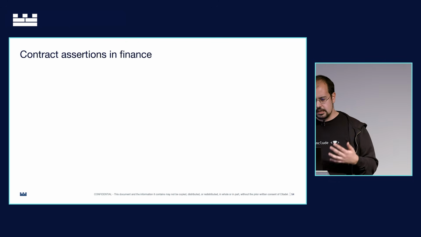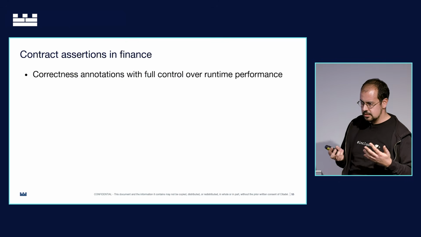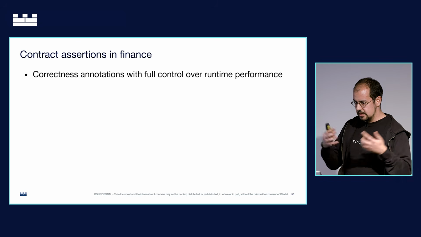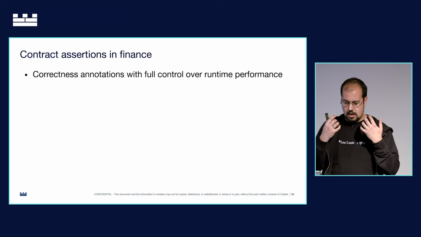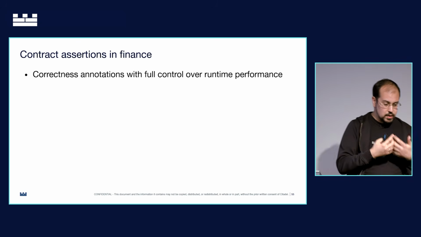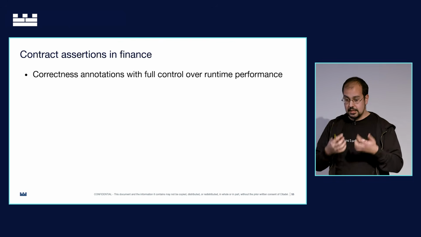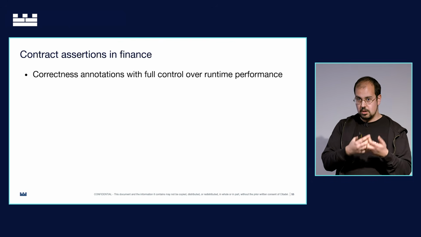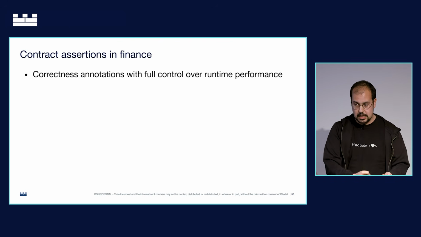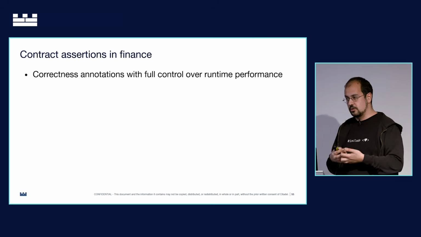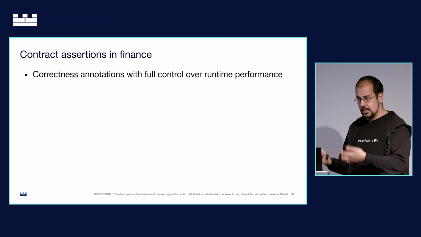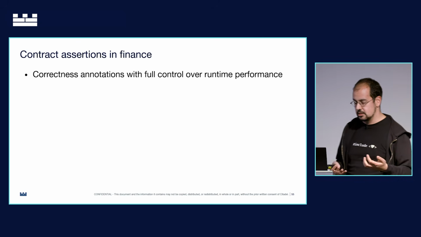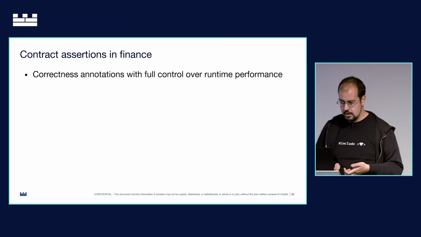So you don't want to do that. And contract assertions actually give you this intersection: you now have a way to express in code, in a way that the machine understands, when you consider your code to be executing correctly, but you still have full control over when or how that's going to be checked and what the performance implications of that are. So that is really, really cool.